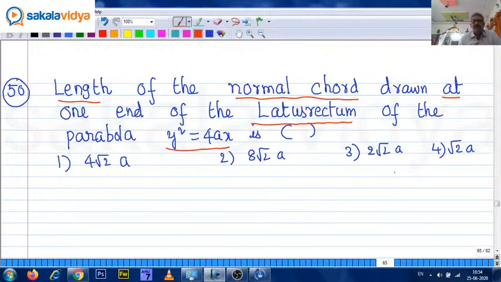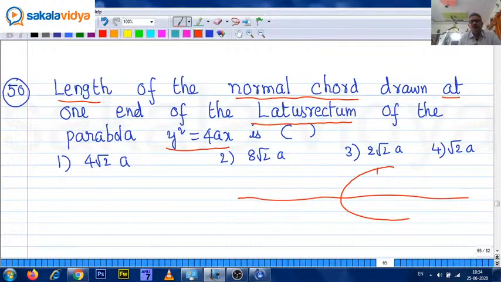So that means draw the figure. This is the axis. This latus rectum, say L and L dash, suppose the normal is drawn and meets at this point. So this is M. Now this is called the normal chord. The length of the normal chord LM we need to find out.